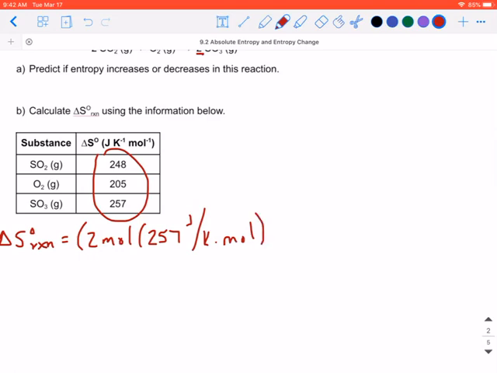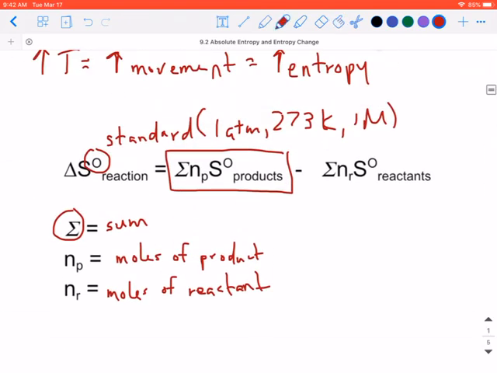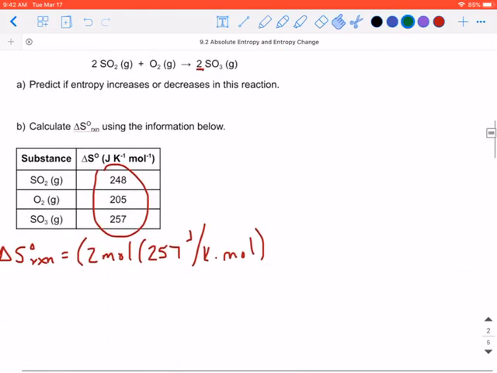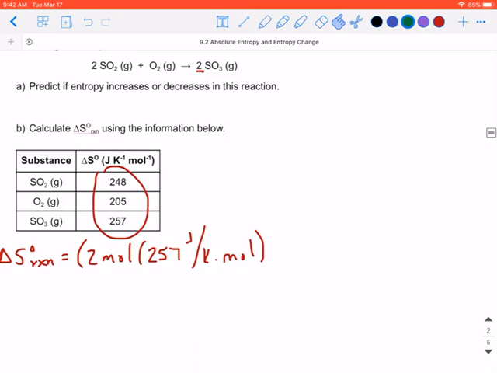Now, since I'm done with my products, I'm going to focus on my reactants. I'm going to subtract the moles of the reactant times their entropies from what I get from my products.